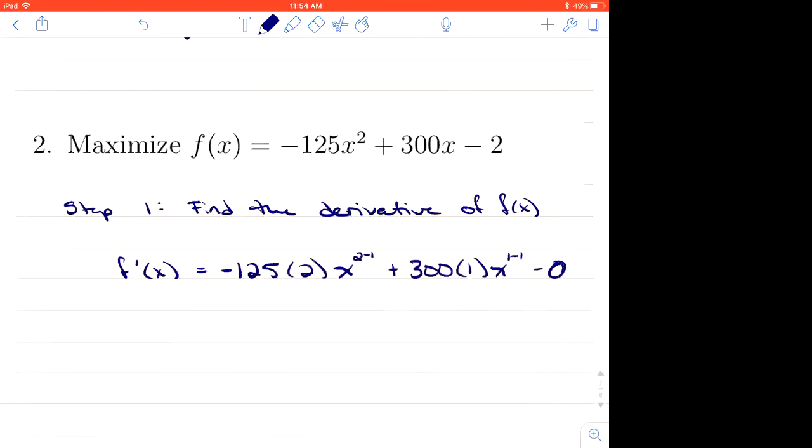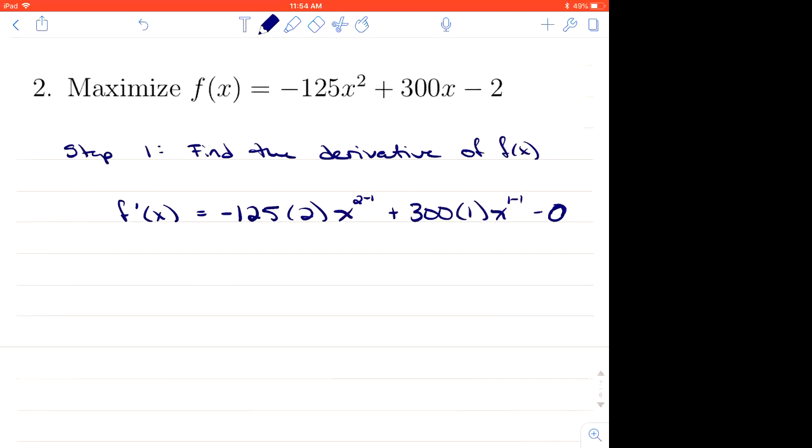Minus 0. The derivative of a constant is just 0. Or if you went straight to this, negative 125 times 2 is negative 250x plus 300. That's fine too.